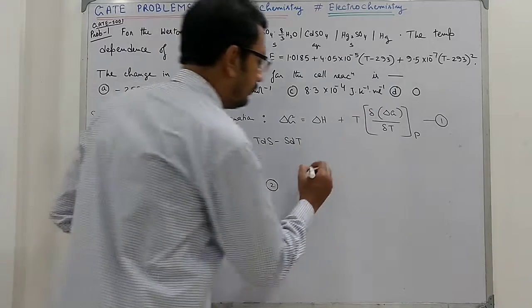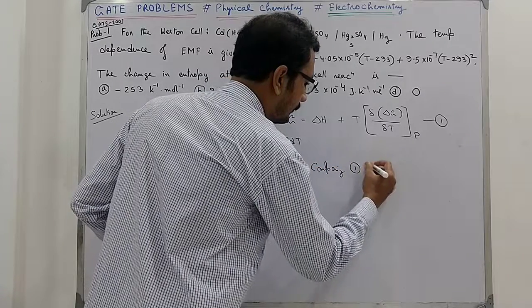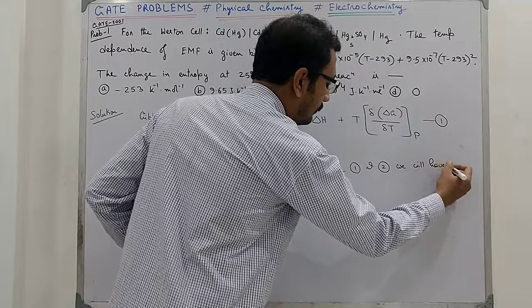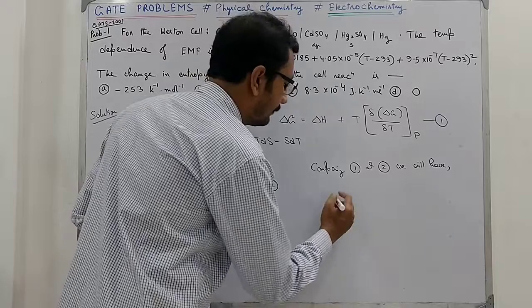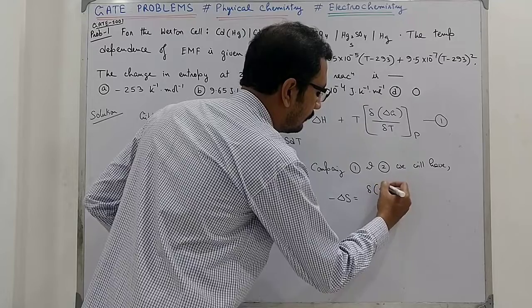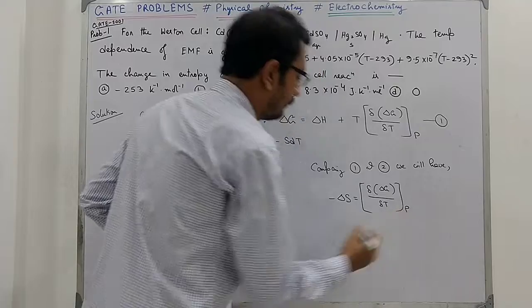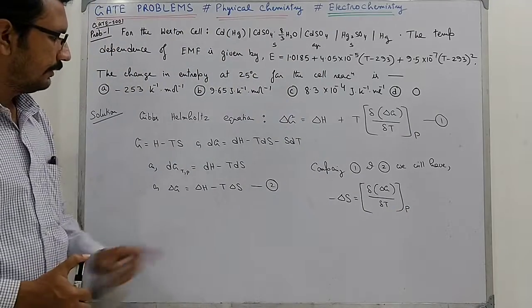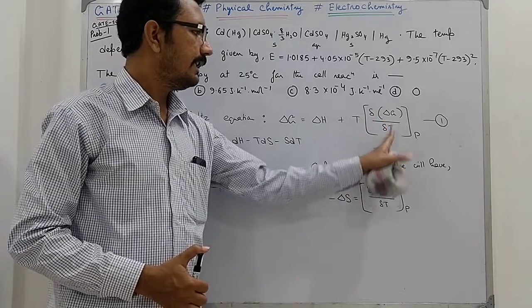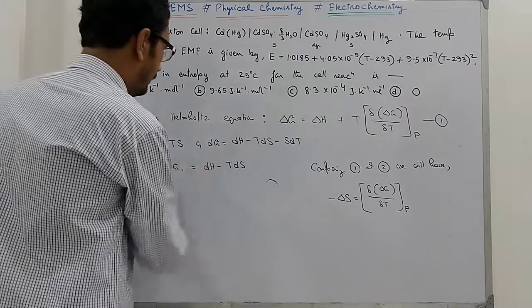So comparing 1 and 2 we will have minus ΔS equals, T will cancel out, and here it will be minus ΔS equals ∂/∂T of ΔG at constant pressure.